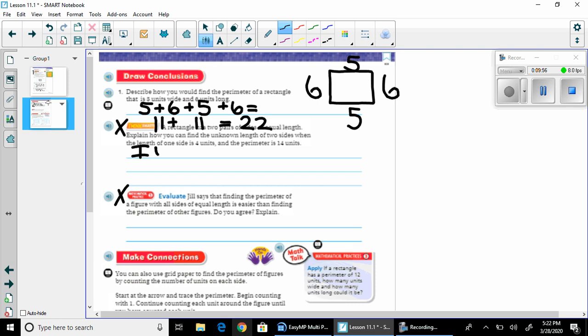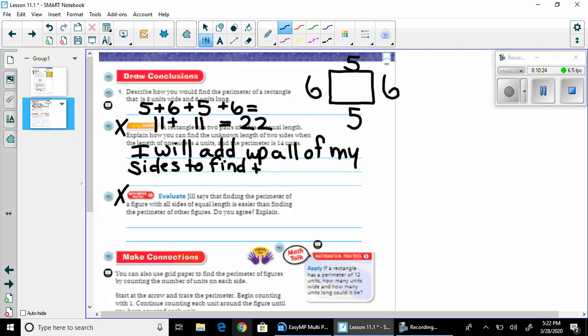I will add up all my sides inside the perimeter. Okay, I'll put a period here.